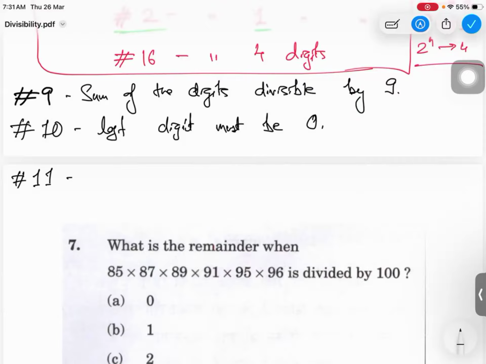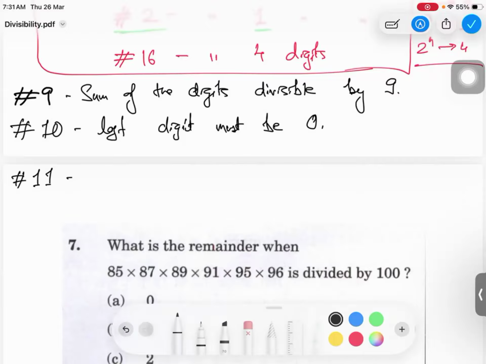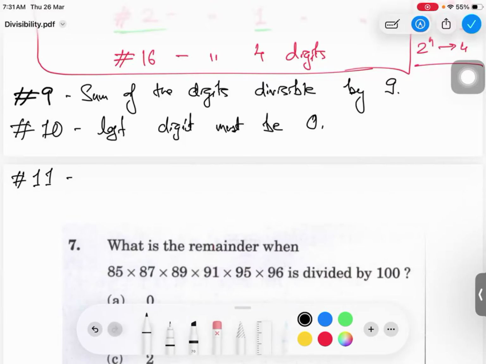Like I'll take a number, let's take this number here: 858789919596. Assume this as a number.